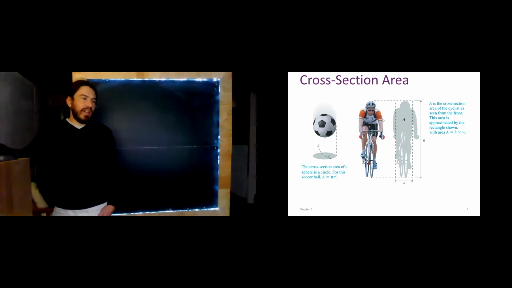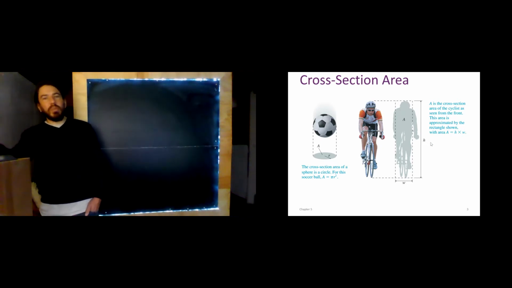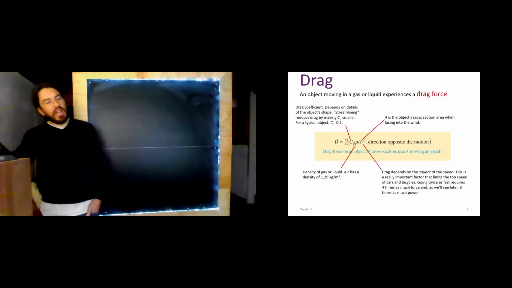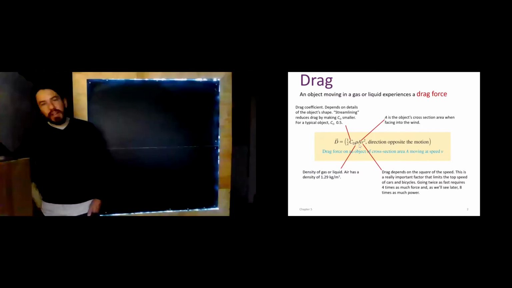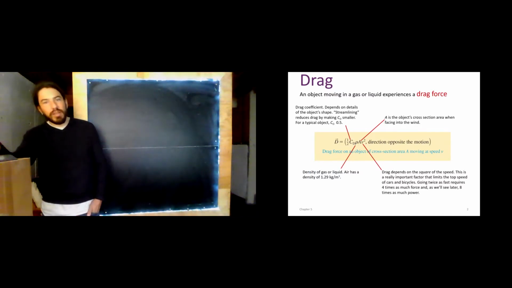And so we might say, well, I don't have an equation for the area of a cyclist here. Let's go ahead and approximate it as a rectangle. Here's the width, here's the height. We'll call this a rectangle with an area A. Okay, great. So in some cases we may have to approximate things. But that is, again, the idea behind this letter here, the cross-sectional area.